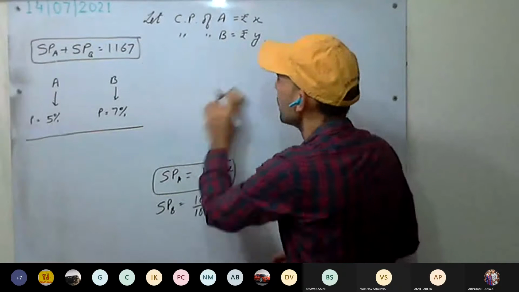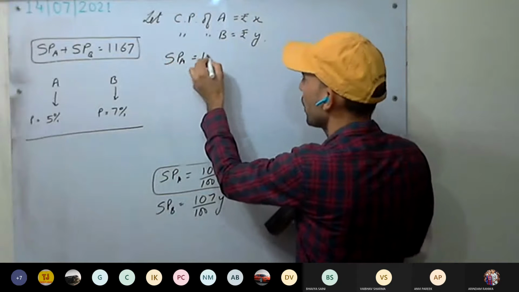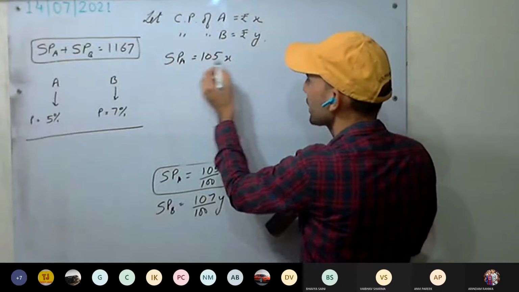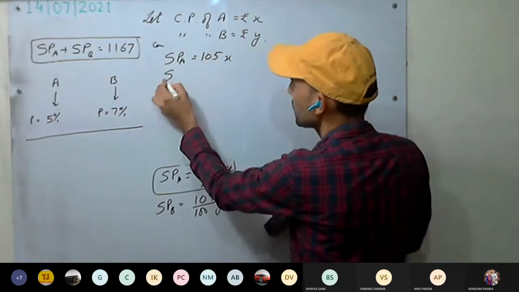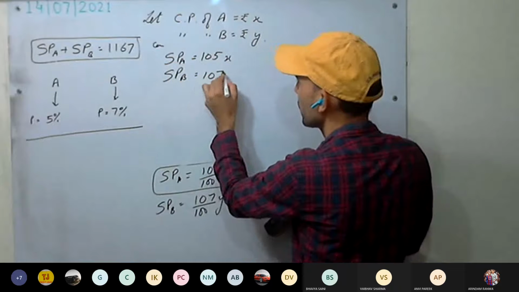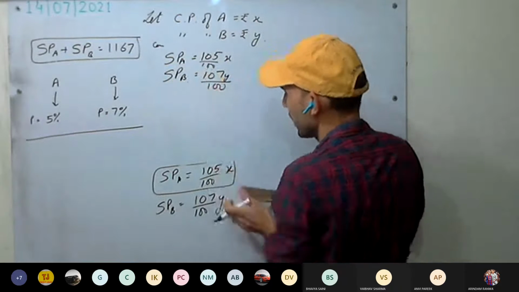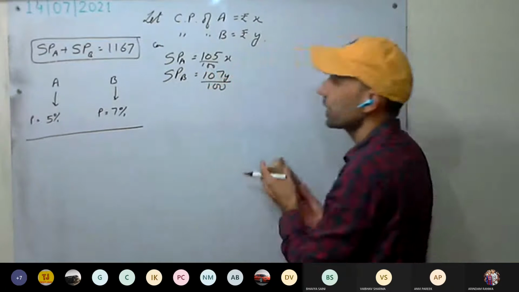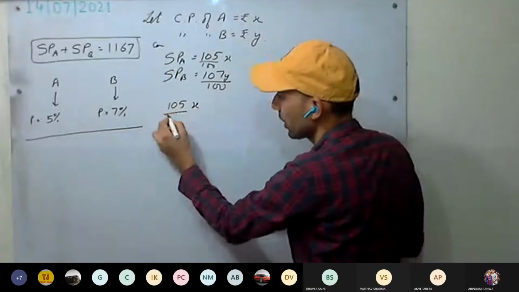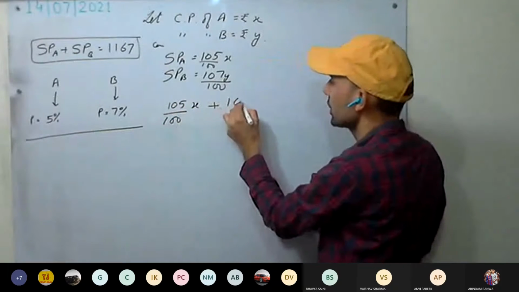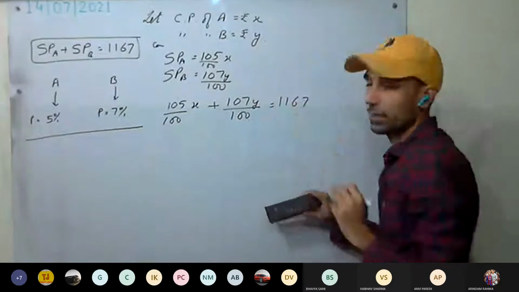So SP of A we have got 105x upon 100. This is for the first case. Okay. And SP of B, how much we have got? 107y upon 100. As we put it in this equation, it will be 105x upon 100 plus 107y upon 100 equal to 1167.